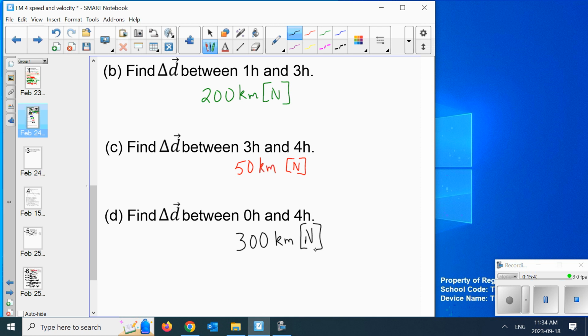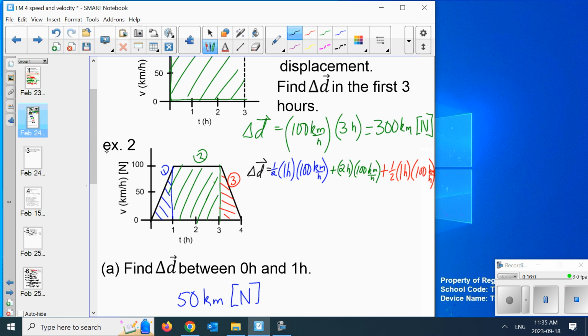Now I want to talk to you a little bit about this before we move on. First of all, what does that graph represent? Because this is a velocity-time graph, not a position-time graph, what does it represent?